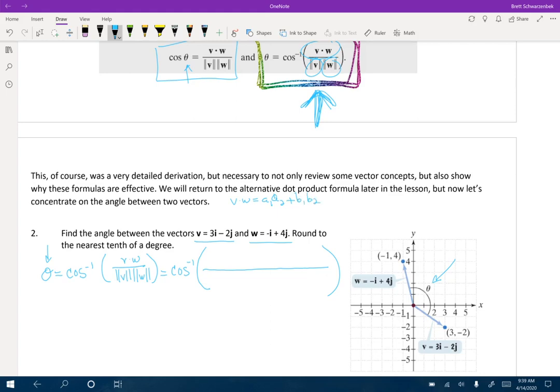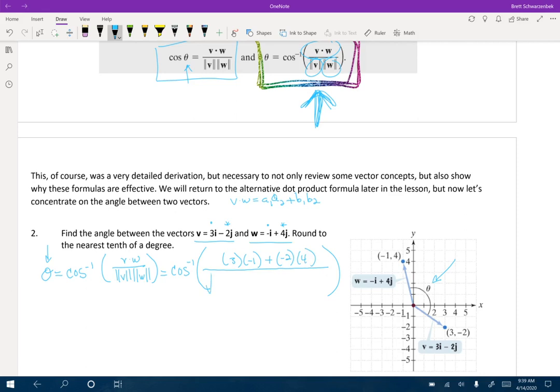Okay, so what are the two a's? That's here and here. So we're going to do 3 times negative 1 plus our b's are here, negative 2 times 4. Okay, that's going to be our numerator. Denominator, we're going to have two separate computations.